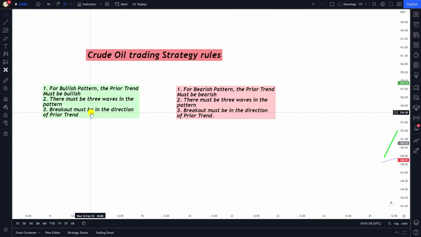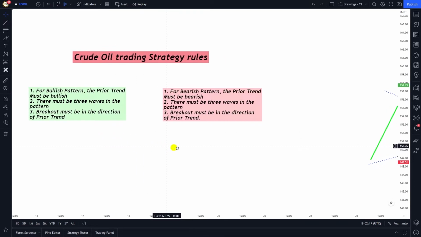The breakout must be in the direction of the prior trend. So again, if the market is moving in the bullish direction and then the triangle pattern forms, the breakout should also happen in the bullish direction. Then we will consider taking the trade.